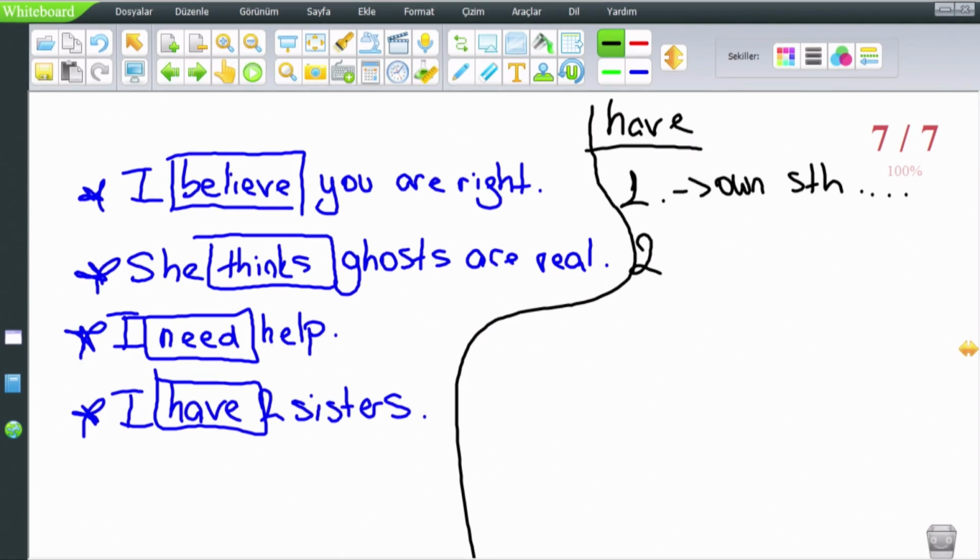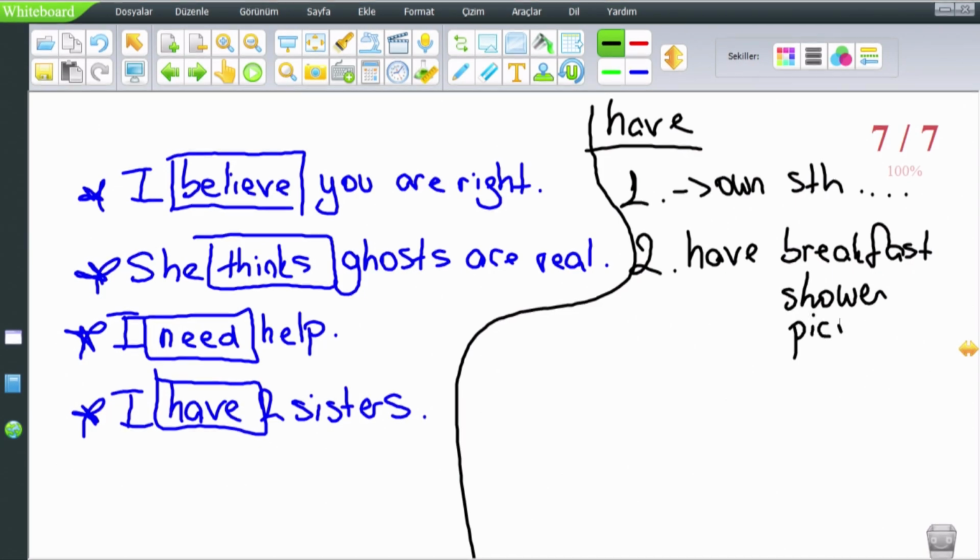But the second one is we turn it into a phrasal verb. For example, have breakfast, have a shower, have a picnic, have some snacks, have a break.